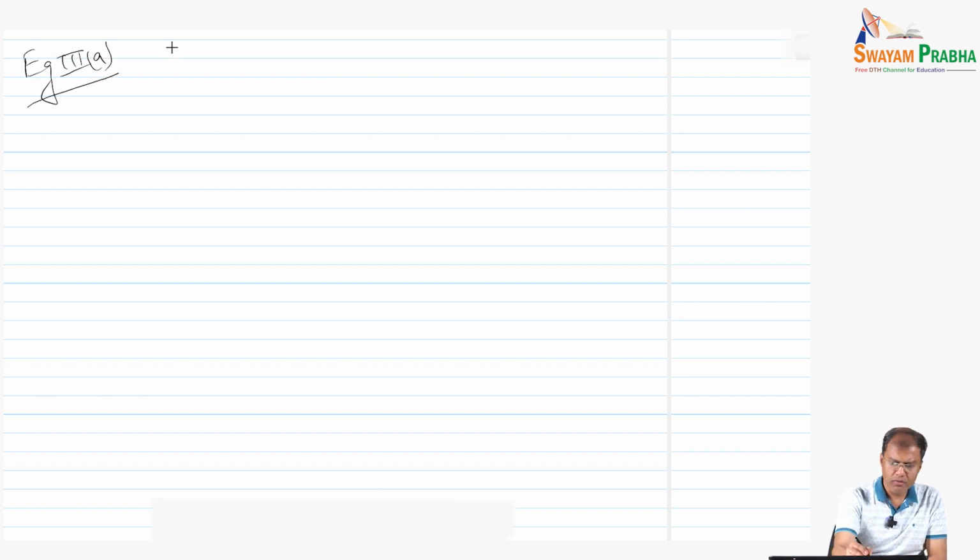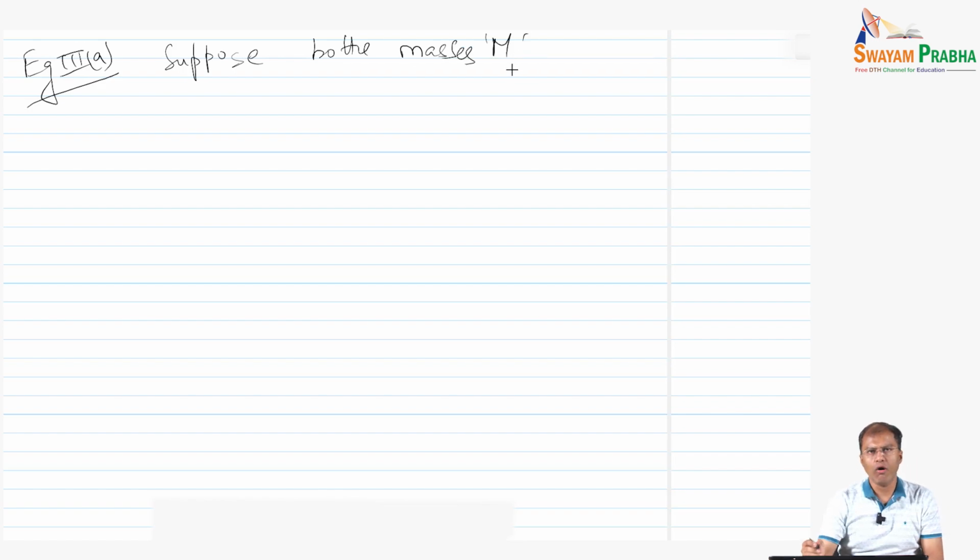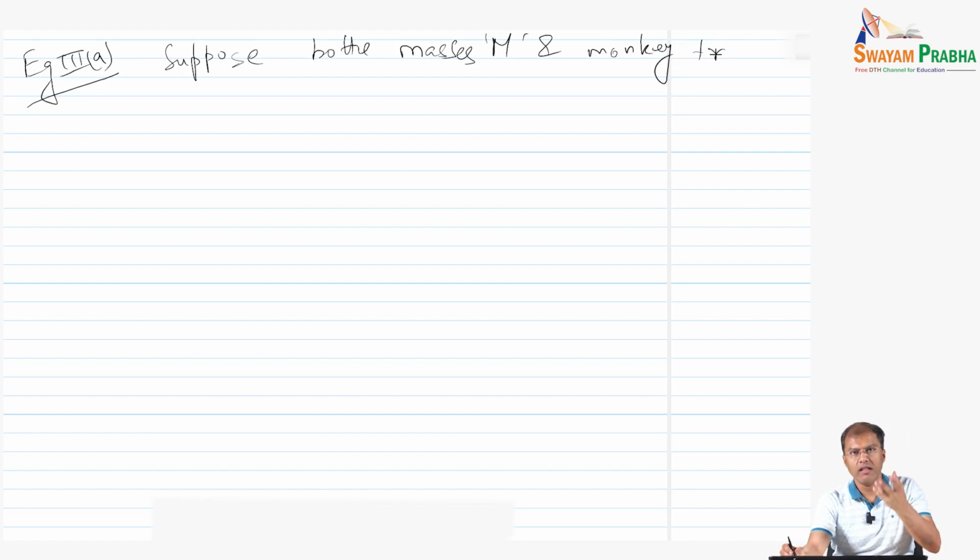So suppose both bodies, both masses are M. There is no small mass or large mass, both the masses are capital M, and we have a monkey which is traveling upward in the pulley mass system.